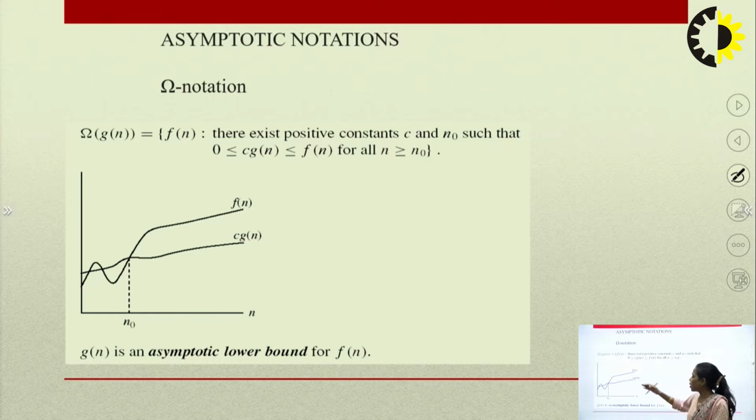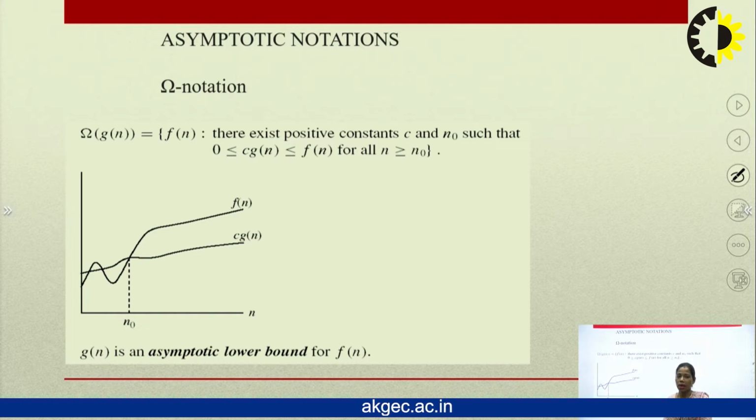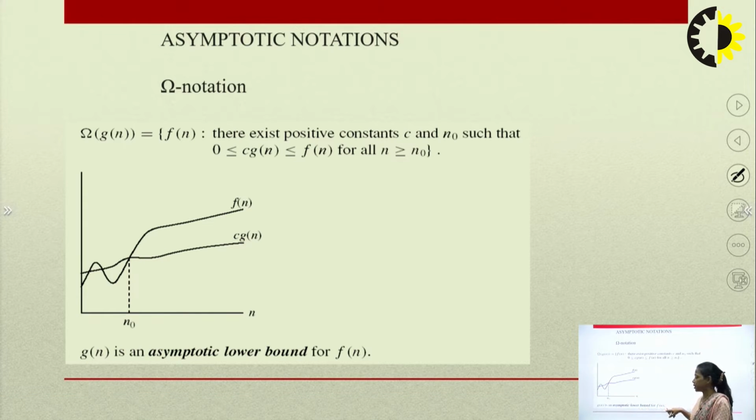That means function c g(n) is a lower bound, which means it takes the minimum time to solve a particular problem. When it takes minimum time to solve a particular problem, you can conclude that it gives the best case complexity of an algorithm. That means you can conclude that g(n) is an asymptotic lower bound for the function f(n).